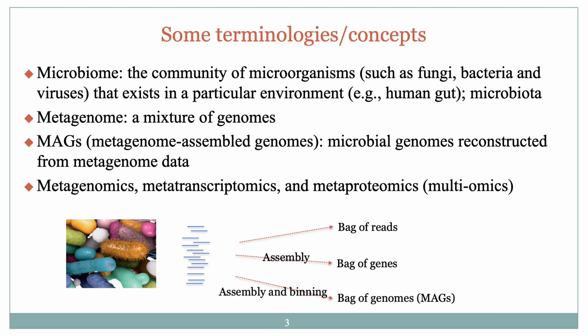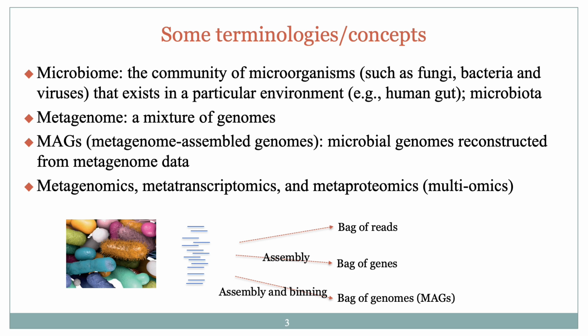People have been looking into genomics data or transcriptomics data or metaproteomics data of those various microbial communities. And if we do metagenomics from a collection of microorganisms, we can get a bunch of short reads. If we do shotgun metagenomics, we can get back a lot of short reads.